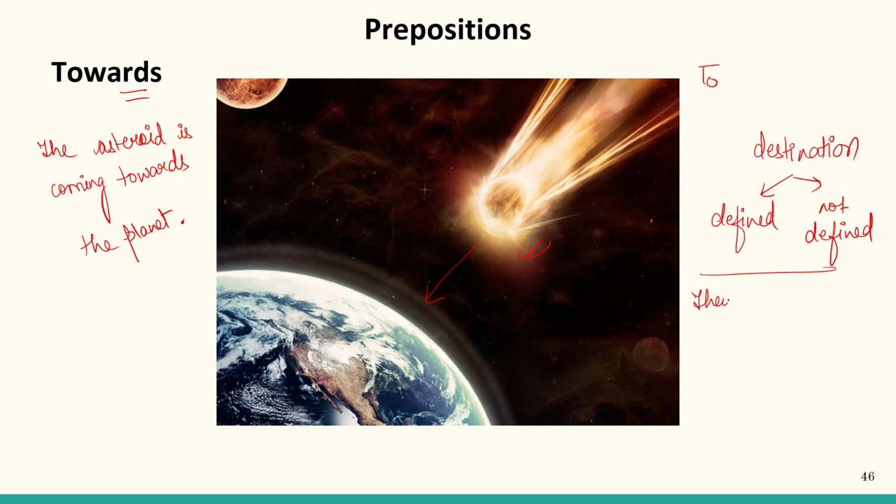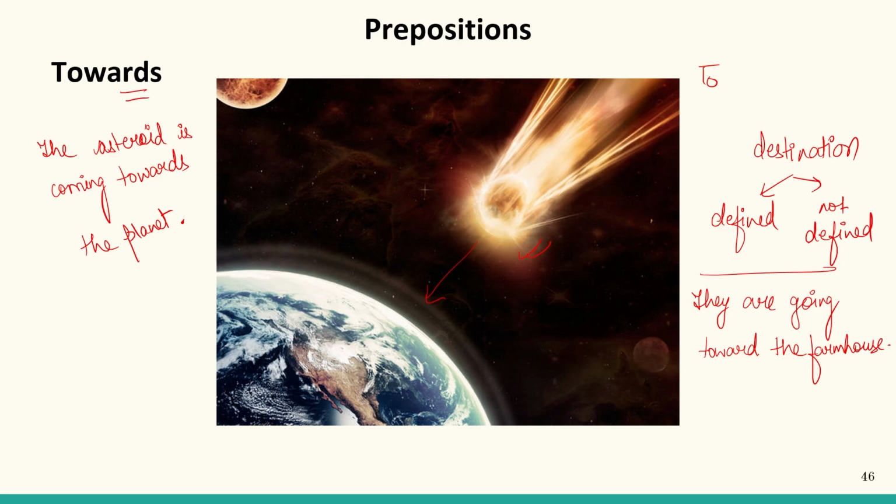They are going toward the farmhouse. Suppose we see someone going toward a farmhouse, maybe he doesn't reach the farmhouse. In fact, they will change their way. So it is just towards, in the direction of something, not exactly there.